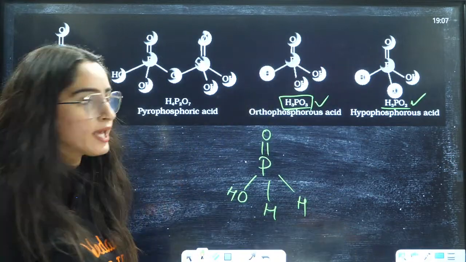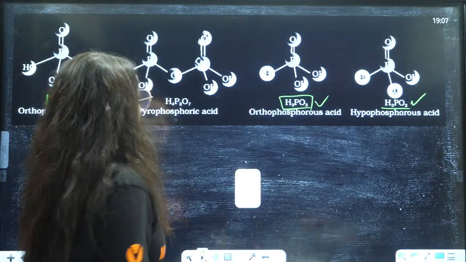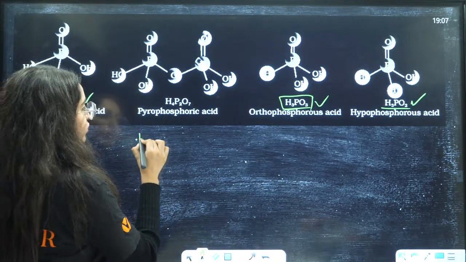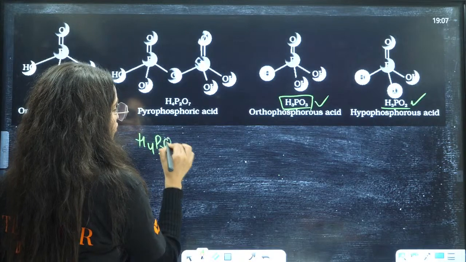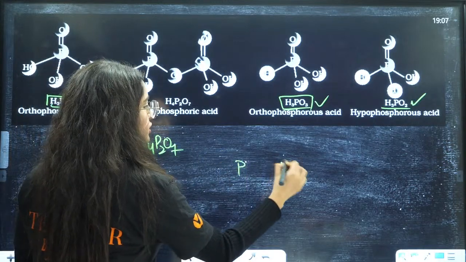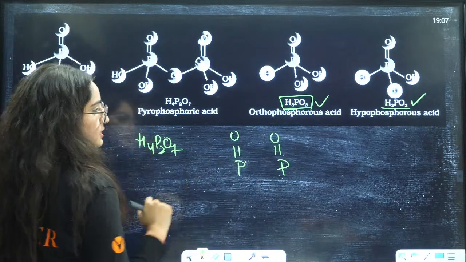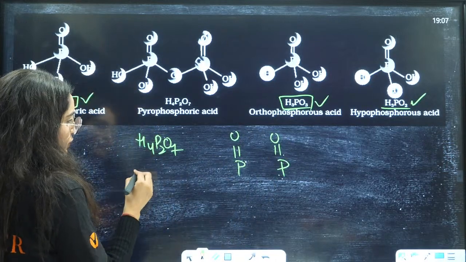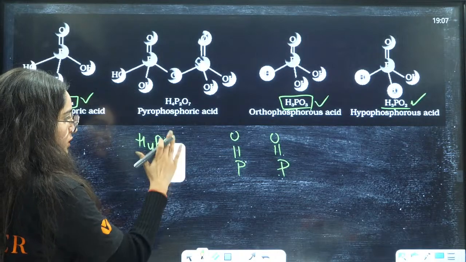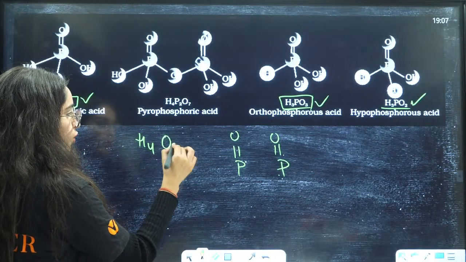Right? Next we have H4P2O7. You have 2 phosphorus, each of them will have a double bond. Now you are left with 2 phosphorus already gone, 2 oxygens already gone.